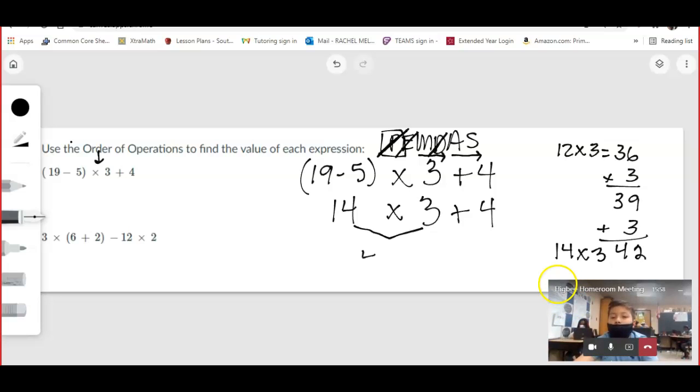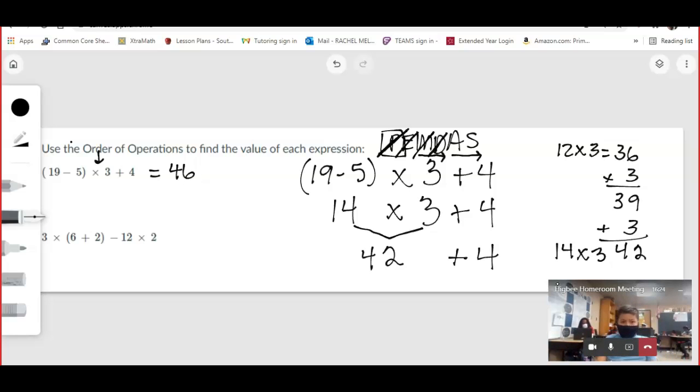So that's 42. Now I can cross off my multiplication. Rewrite what you did not use. In this case, it's just the plus 4. It's only one more operation. So what's 42 plus 4? 46. So this is equal to 46.